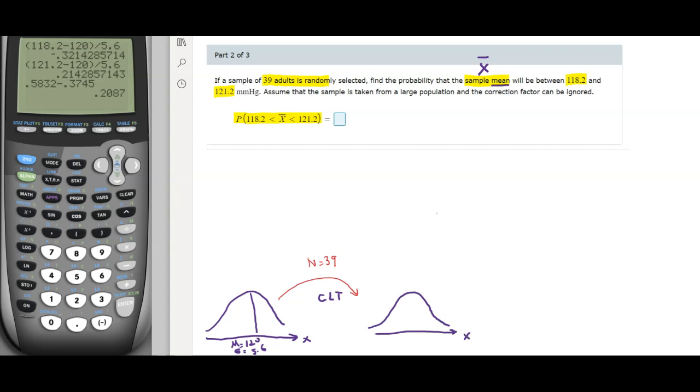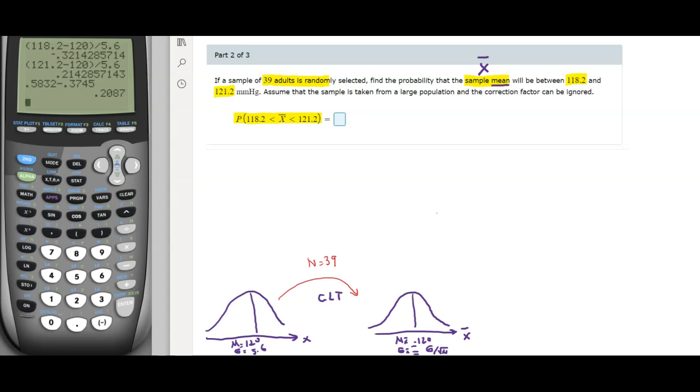However, the axis here is going to be x bar. The new mean, or what we call mu x bar, is going to be 120, the same one. However, the sigma is going to change, which we call sigma x bar, and this is going to be the old sigma divided by radical n.